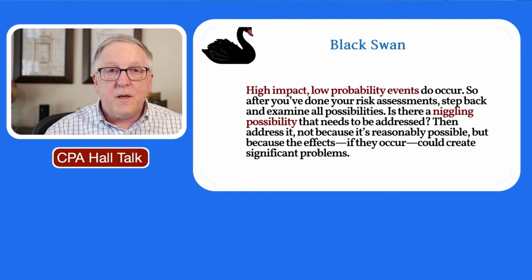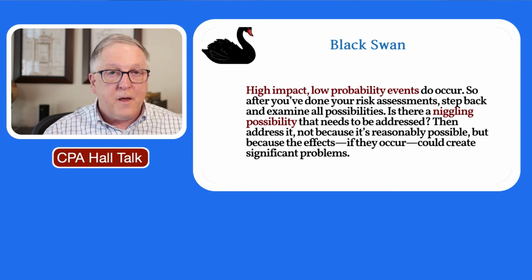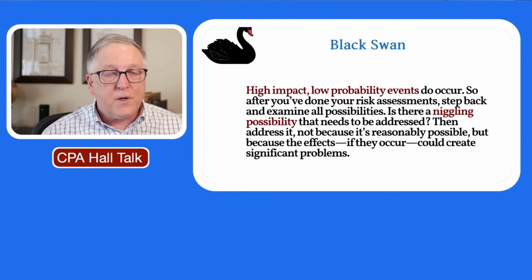This same idea applies to audits. There are some issues in some audits that there's a very low probability that it might occur, but if it does, it can be explosive and have a very adverse impact.